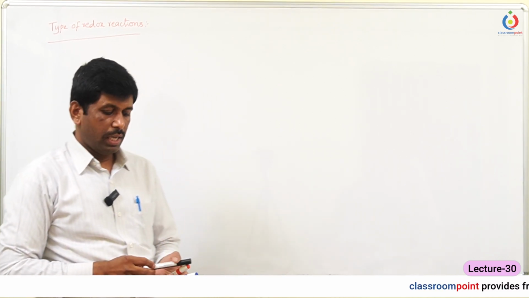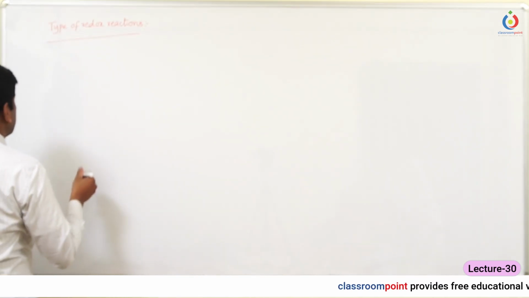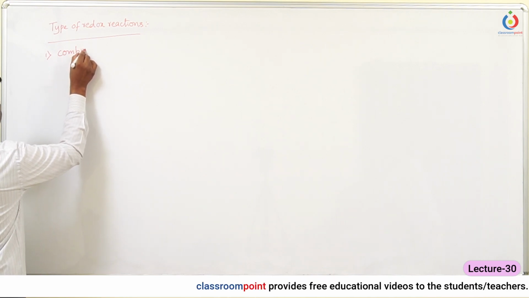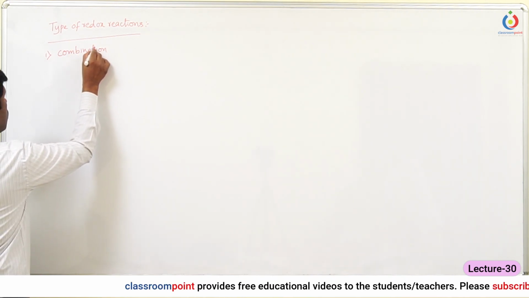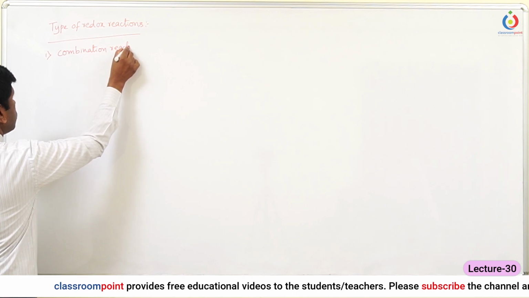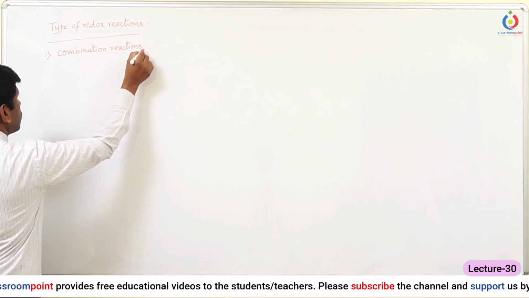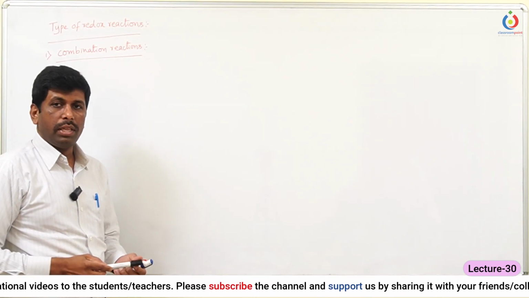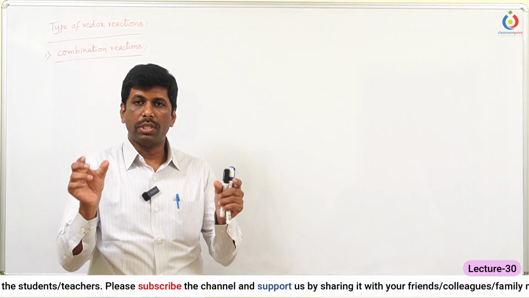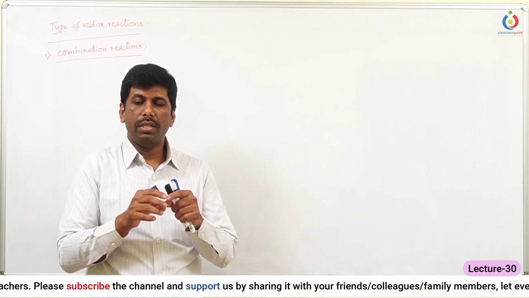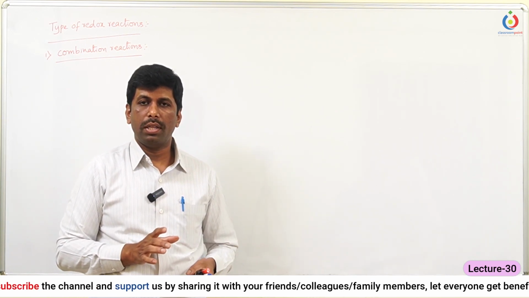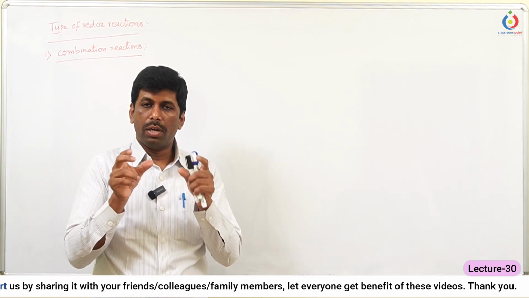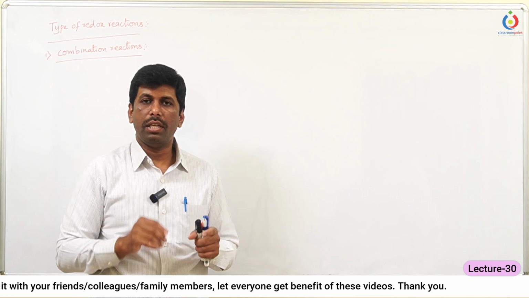So in that, the first category is combination reactions. So what are combination reactions? In combination reactions, two substances combine with each other to produce a product. And here we have to keep in mind that any one of the reactants must be in the elemental form.